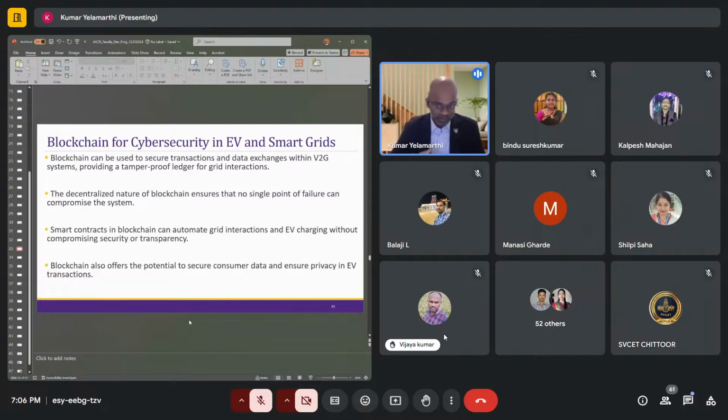There are other mechanisms to secure the system, and blockchain is one. Blockchain can be used to ensure secure transactions, while at the same time, to a certain extent, the system is isolated from the major network. It can work in a decentralized manner, it can provide automation of sorts, and it can ensure safety and privacy of EV transactions, which is a big aspect, right?